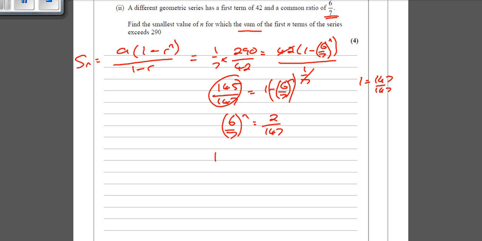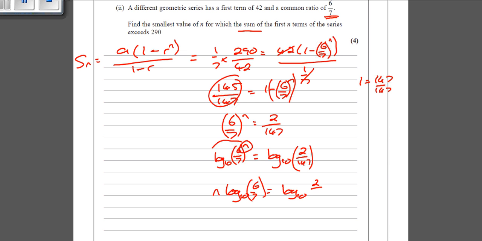So if we do log to the base 10, because that's the button on your calculator, of 6/7 to the power of n equals log to the base 10 of 2 over 147. Then with the log laws, we can bring this n down to the front. So that's going to be n log to the base 10 of 6/7 equals the log to the base 10 of 2 over 147.